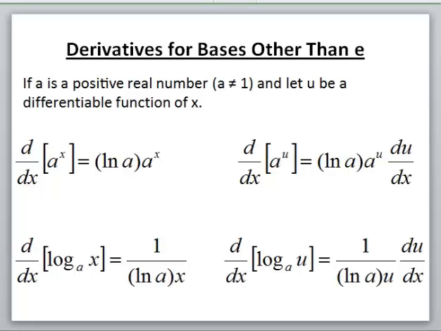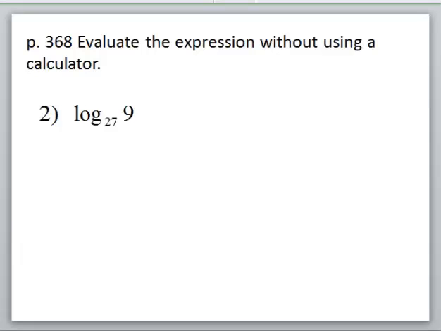Here at first, what we're going to do is remember what logs really look like and how we solve for them. So I'm asked to evaluate this without a calculator. So what we're really doing is saying, what does this equal? Well, the way logs work is this is the base and this is the exponent, so we have base to the exponent equals 9.